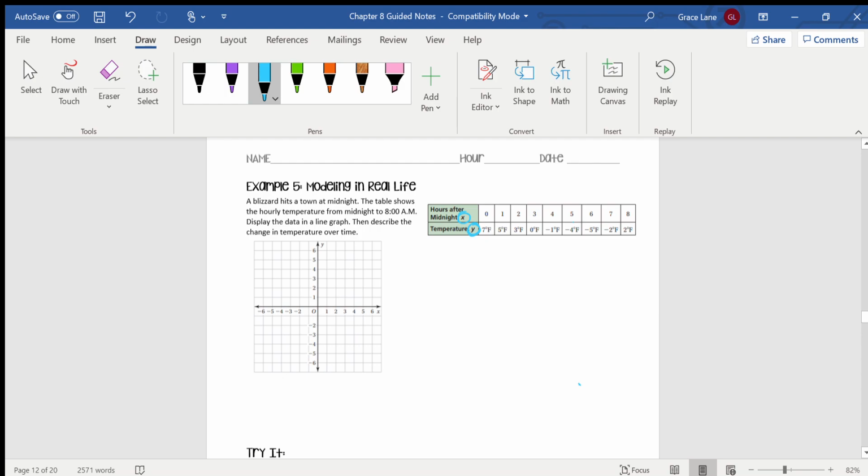And so, like the first one, 0 hours after midnight, the temperature's 7 degrees. It would look like that. And then the second one would be 1, 5, 2, 3, and I know that because it's telling me the x coordinates are the ones on the top, the hours, the temperatures are the y coordinates. 3, 0, 4, -1.